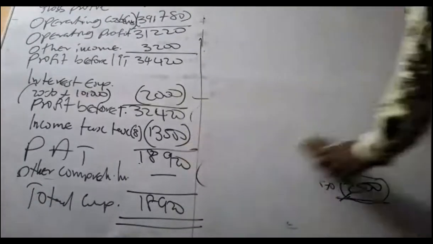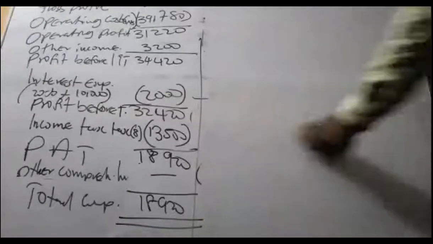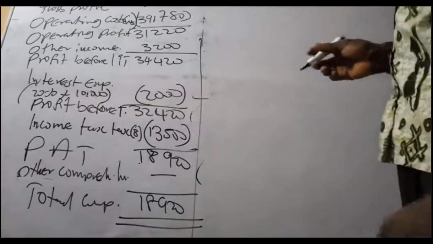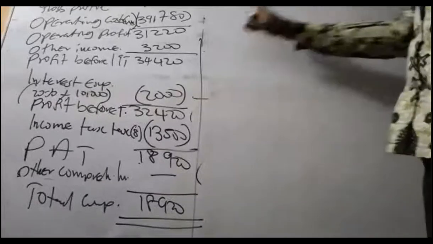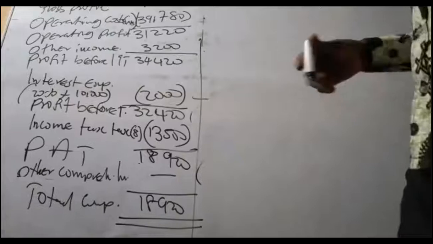Do one for me, then we are done. So let's see. Changes in equity, the one that you prepared. Let's balance it up here. Only one item is reflected there.